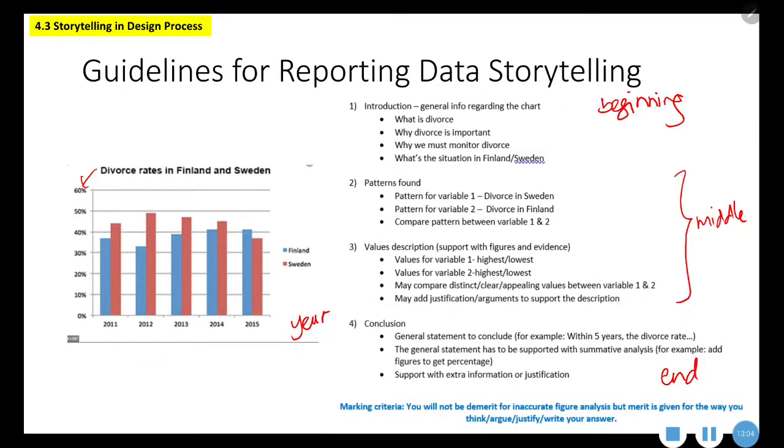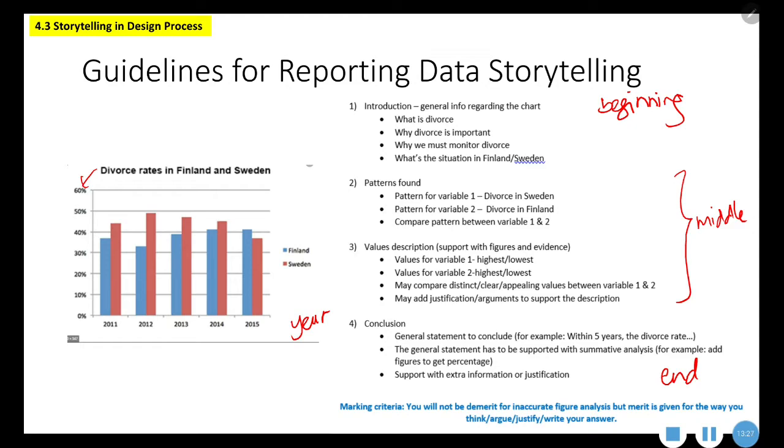So in this example, because it's about divorce, we probably have to define what divorce is, and why divorce is important, why we must monitor it. What is the situation in Finland and Sweden, because this is about divorce rate in these two countries?